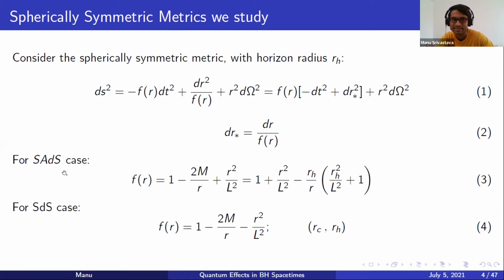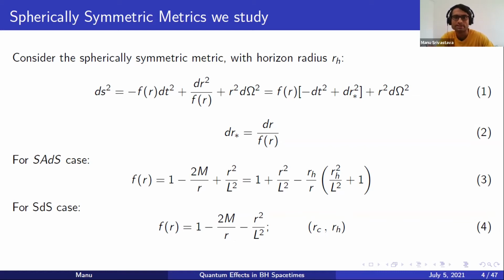Whereas for the SDS case, again it is a cubic equation, and it turns out there are two real positive roots. Therefore, for the Schwarzschild de Sitter case, there are two horizons. One is the usual black hole horizon, and one is the de Sitter cosmological horizon.